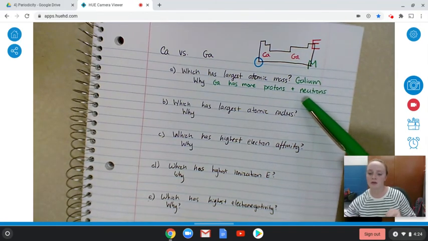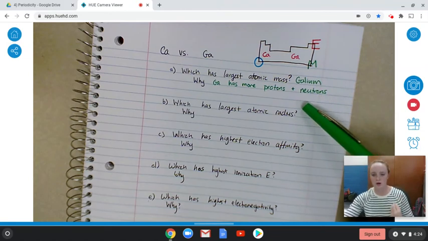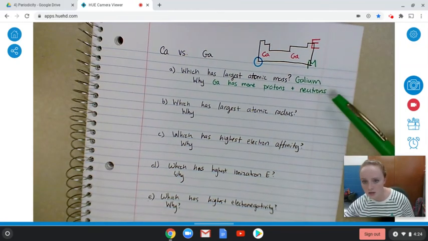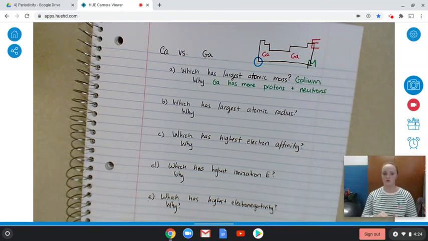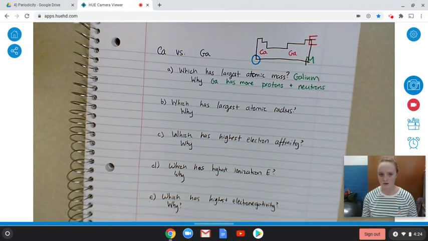Make sure you're keeping atomic mass straight. Atomic mass is all about those neutrons and those protons. We're not counting electrons here. Everything else is about electrons, but for here, we are talking about neutrons. So gallium, because it has more protons and more neutrons.